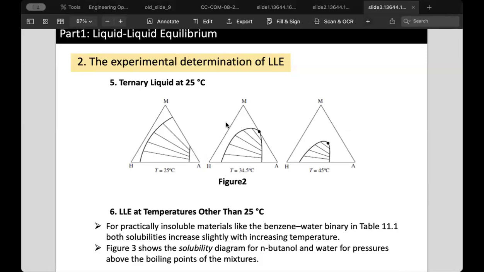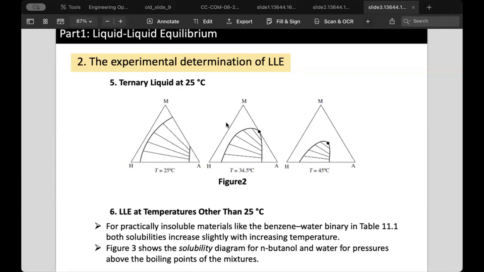But anyway, in the middle it also forms two regions for single phase. And in the rightmost one, there is only one region for the single phase.